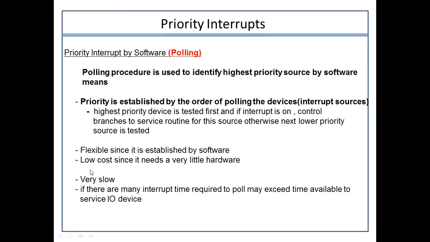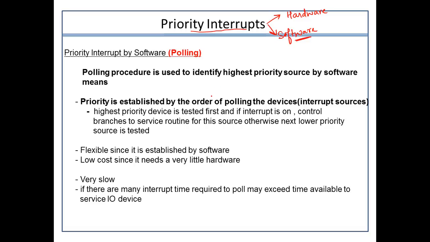Like I was describing in the overview, priority interrupts can be designed by the manufacturer within the machine in two ways, by hardware and by software. We will first learn about the software part.